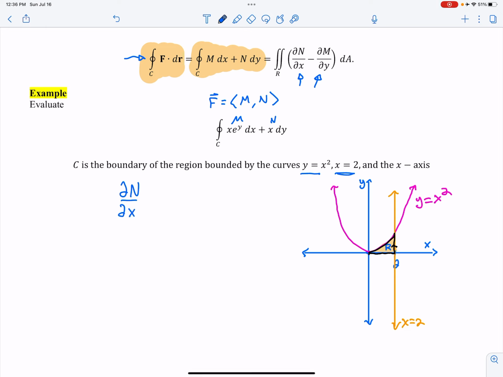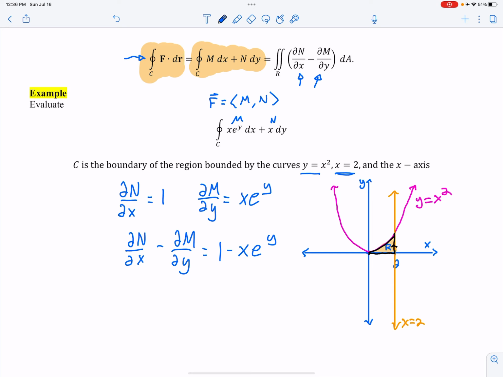Okay, the partial of N with respect to x is 1. And then the partial of M with respect to y, we get the exact same thing. That means the partial of N with respect to x minus the partial of M with respect to y is just 1 minus x e to the y.